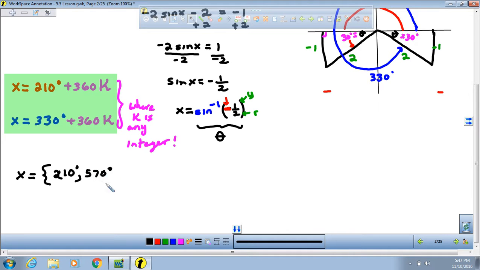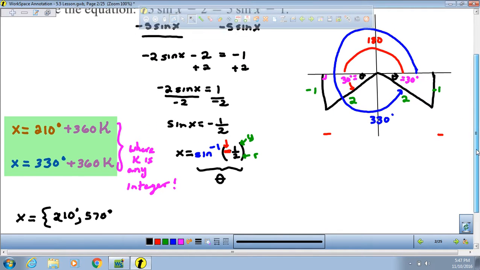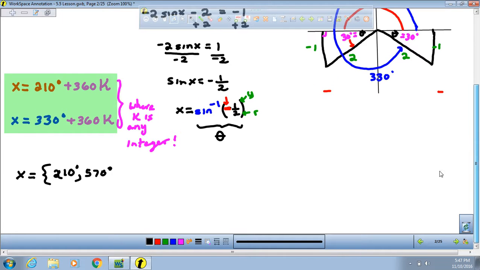If you do one complete rotation of 360 and then 210 more, then 570 is exactly the same as this angle in quadrant 3, a reference angle of 30 in quadrant 3. If you add another 360 and so on, it keeps on repeating.